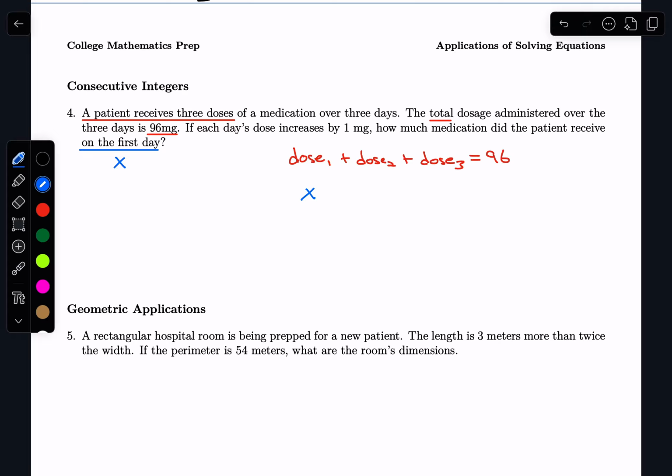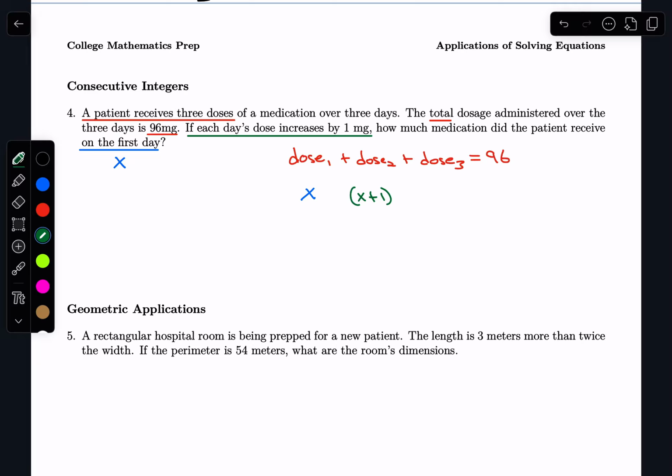So we have to use this middle line, this fact that each day's dose increases by 1 milligram. So if the first day's dose is X, then the second day's dose is going to be X plus 1, where I just increase it by 1. That means to add 1 to the dose.